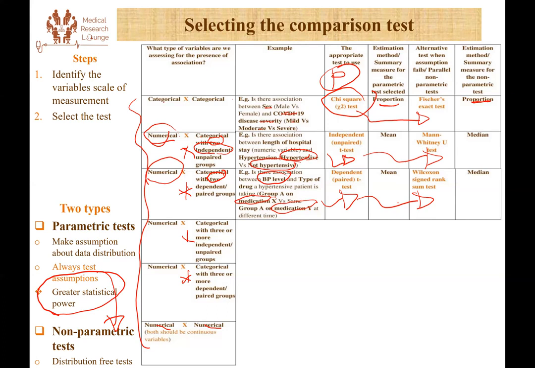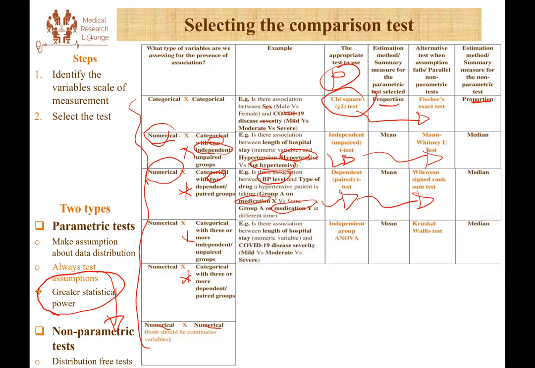So the fourth combination of variables that we can get is a numerical variable with a category, but in this case the number of groups is 3 or more, and these 3 or more groups are independent. It's like the independent t-test, but with 3 or more groups.